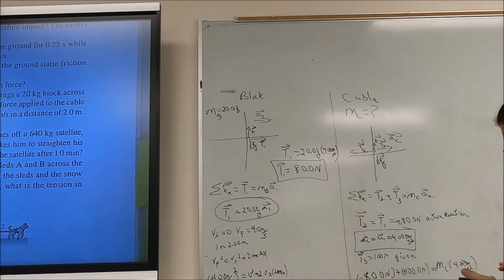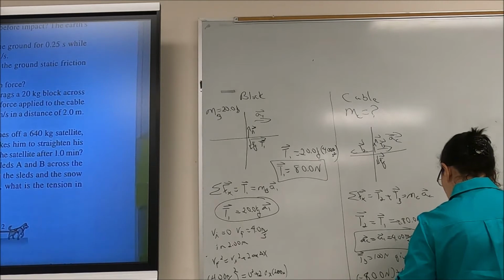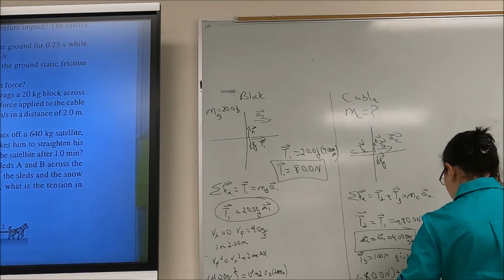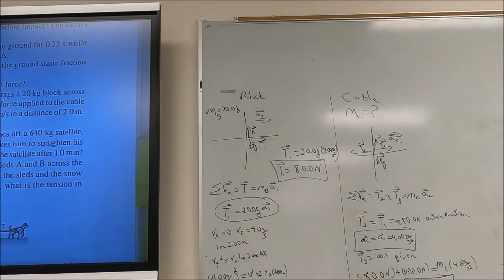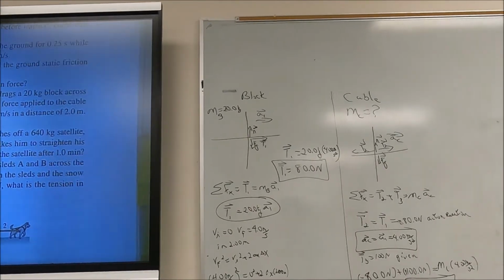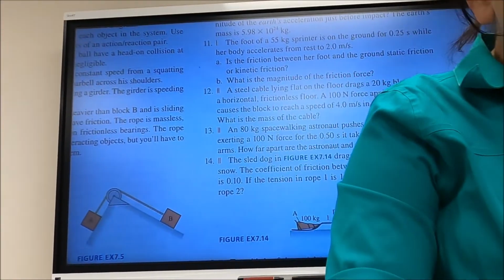So 100 minus 80 is 20, divided by 4 says that the mass of the cable is 5.00 kilograms. It's a quarter of the mass of the box, so it's definitely not negligible. So follow along in the problem on the paper that I gave you. Now let's move on to our next problem.